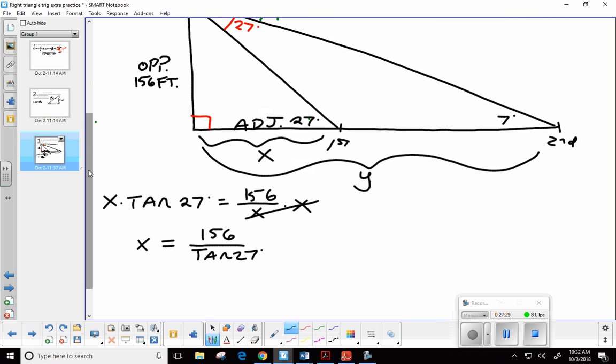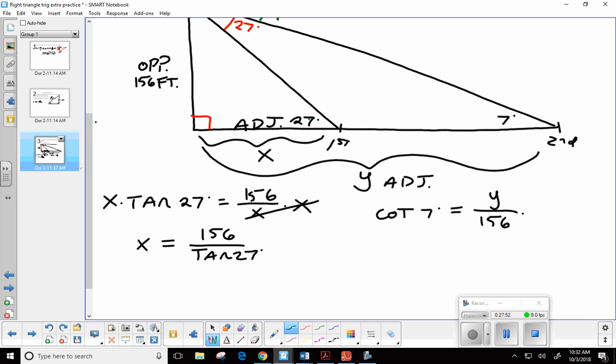So for 7, 156 would still be the opposite. The base of the larger would still be your adjacent. Do you want to stick with tangent or go cotangent? Let's go cotangent. So cotangent of 7 degrees. Now he equals adjacent over the opposite. So this would be y over the 156.